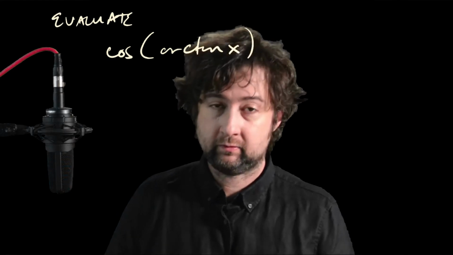A thing that you might get asked to do with mixtures of tangents and arctangents and sines and arcsines and cosines and arccosines is to interpret expressions where you have to apply a trig function to an inverse trig function. For example, you might get asked to evaluate something like the cosine of the arctangent of x.